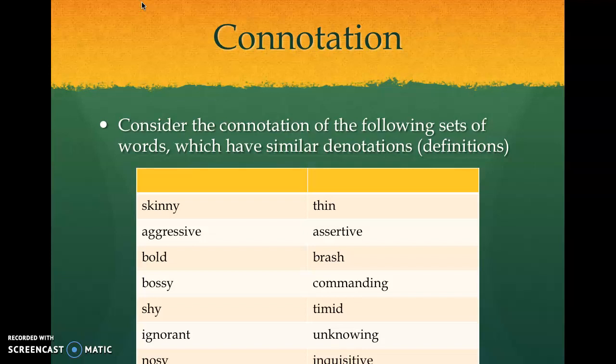When you think of the word aggressive, that generally has a negative connotation, whereas assertive has a positive connotation. He or she is assertive, they go after what they want, they let you know what they want. Whereas if we said he or she is aggressive, it might mean the same thing or something very similar to assertive, but it has a negative connotation to it.